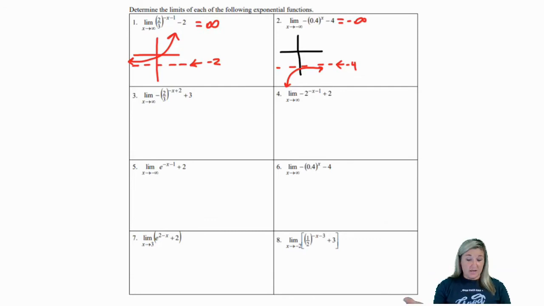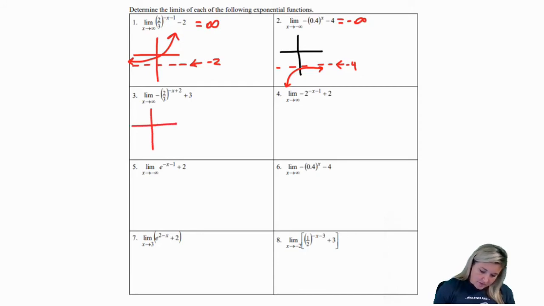As x approaches positive infinity, of negative 2/3 raised to the negative x plus 2, plus 3. So this is b is between 0 and 1, and there are 2 reflections because we have a negative 2/3 and a negative x. So there's those 2. So that's going to be a decay.